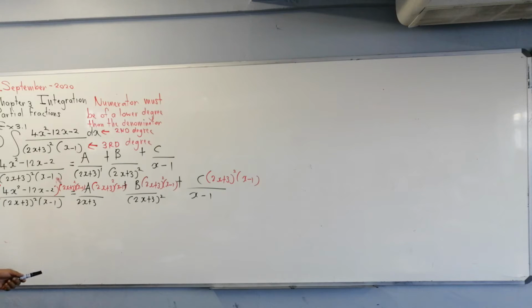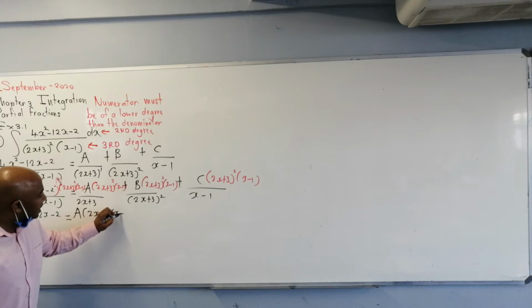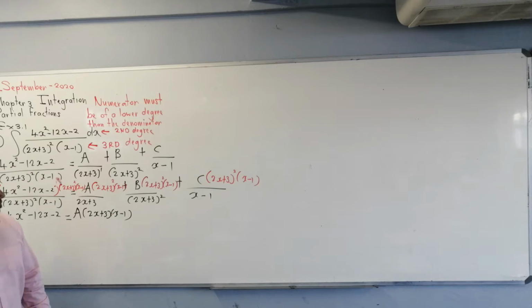So what's going on is now that and that must cancel, so you end up with 4x squared minus 12x minus 2. Here, 2x plus 3 will cancel with 2x plus 3, so I end up with just A times 2x plus 3 times x minus 1.